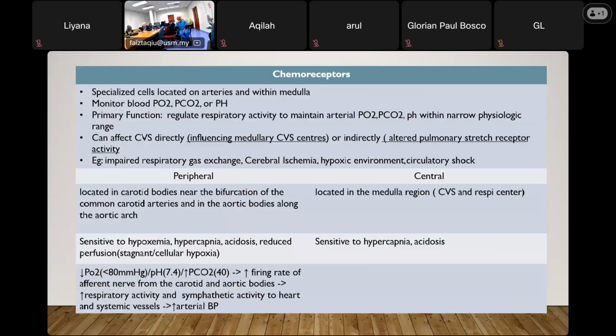When there is blood loss, there will be reduced perfusion to the kidney. So the kidney will sense the reduced perfusion at the juxtaglomerular apparatus, near the glomerulus. For the kidney, macula densa.